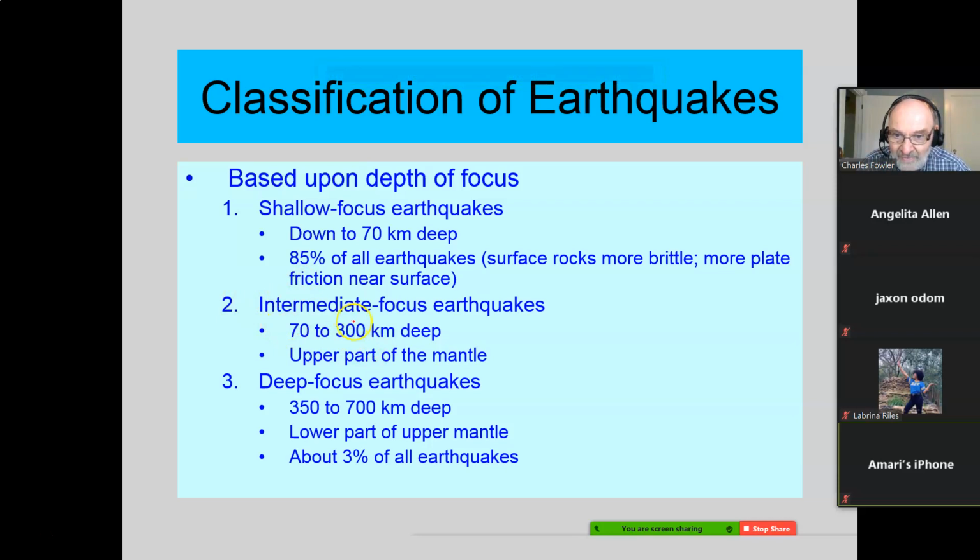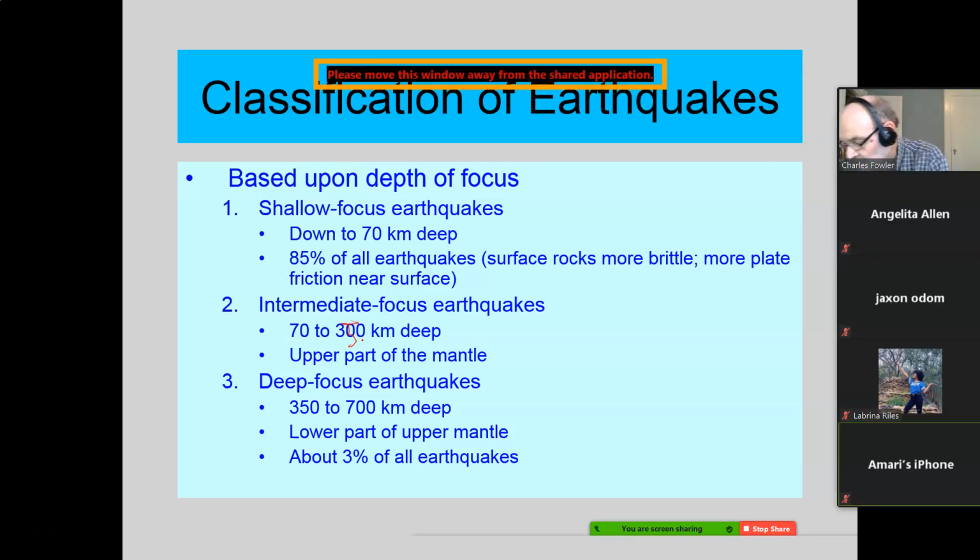Here we go. This is 350 kilometers deep. Now what is 350 kilometers? It's pretty deep, I'll tell you that.